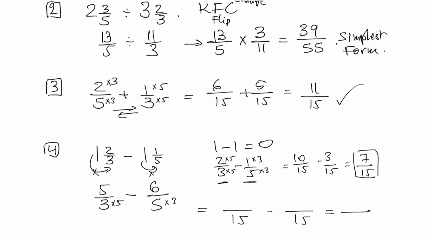Denominators are always staying the same, so they must be the same. Then multiply the numerators by the same numbers: 5 times 5 is 25, and 6 times 3 is 18, and 25 take away 18 is 7. 7 over 15 is the final answer. It's already in the simplest form.